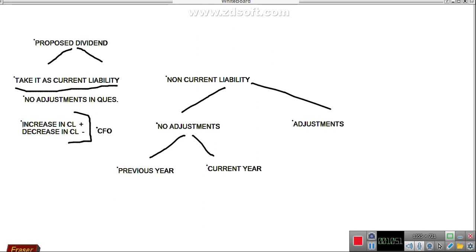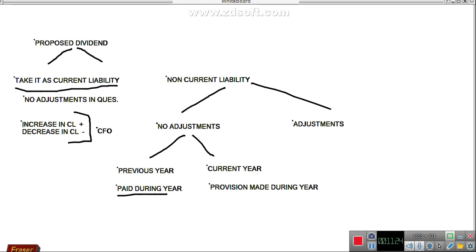The previous year value will be taken as dividend paid during the year, and this current year value will be taken as provision made during the year.